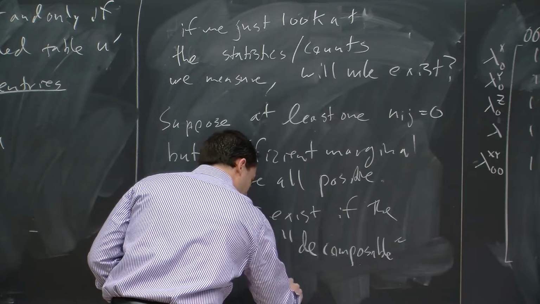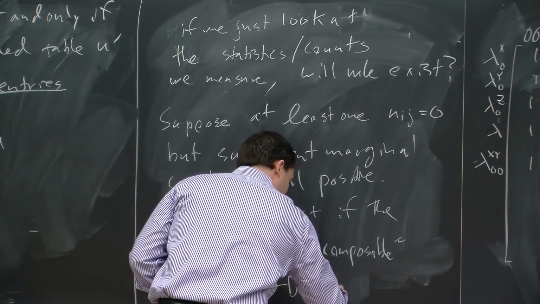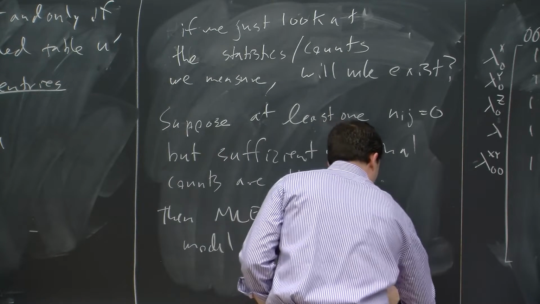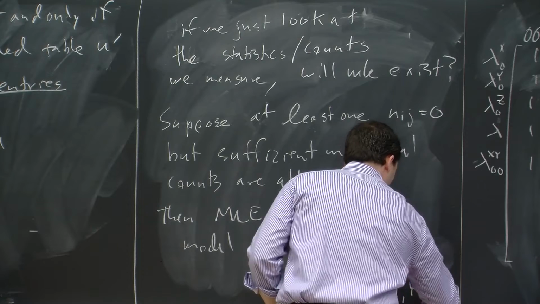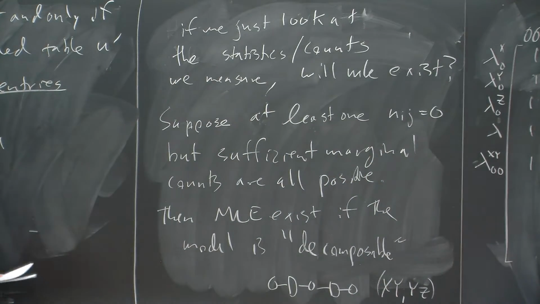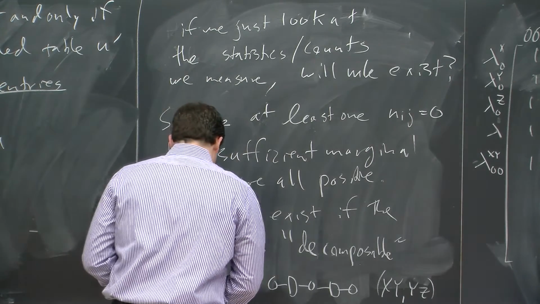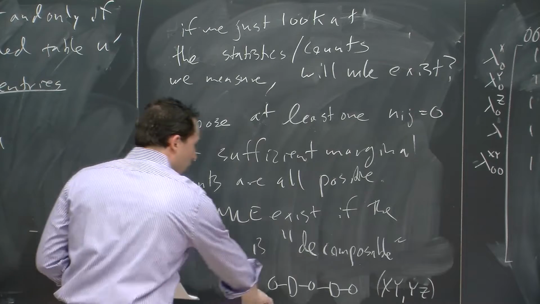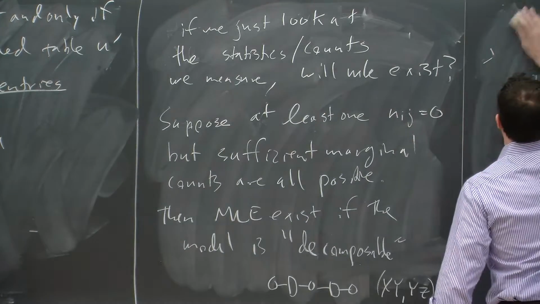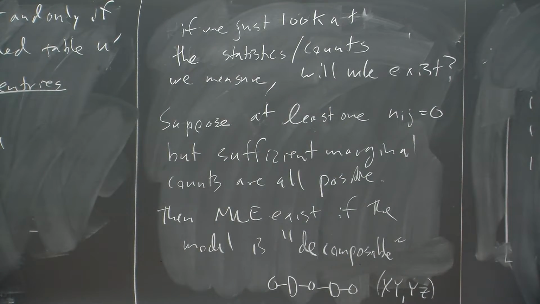So for example, this model, the conditional independence model, is such a model that's decomposable. In fact, the maximum likelihood estimate for the no three-way interaction model, xy, yz, xz, exists if only one cell is 0, but it might not if two cells are 0.